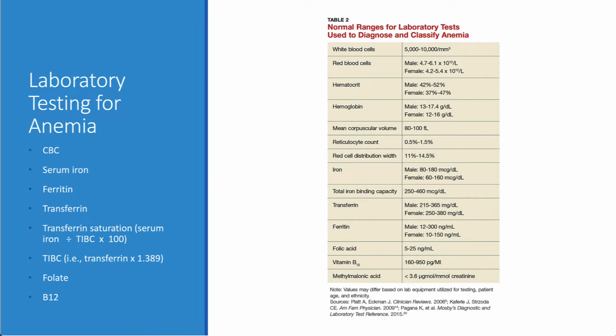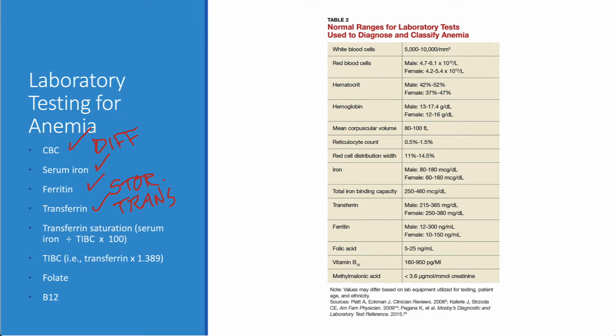So let's talk about the laboratory testing for anemia. We have the CBC and, of course, the differential with the CBC, or the red cell indices. The serum iron measurement, the ferritin, which is the storage form. I'm going to keep hammering that into your head. And the transferrin, which is the transport form.